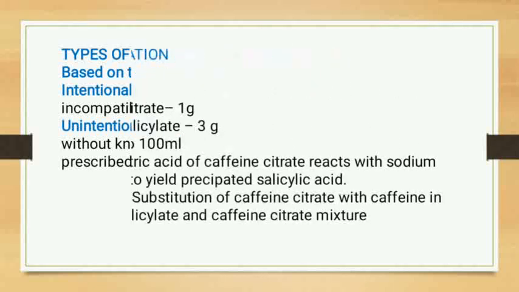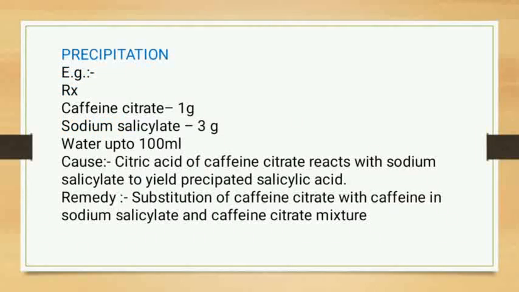Okay. So the next is example. Here you can see the example of a prescription consisting of caffeine citrate 1 gram, sodium salicylate 3 gram, and water up to 100 ml.